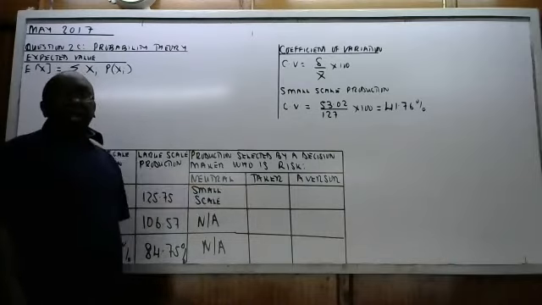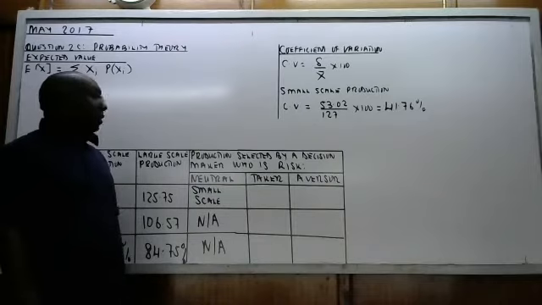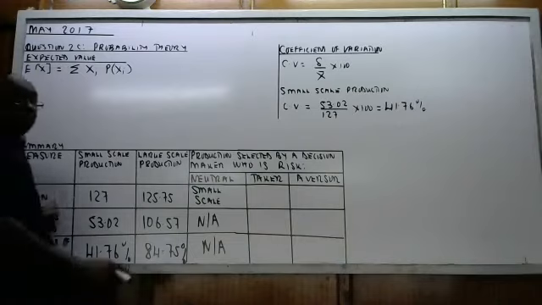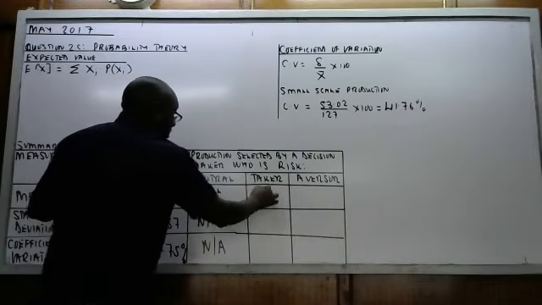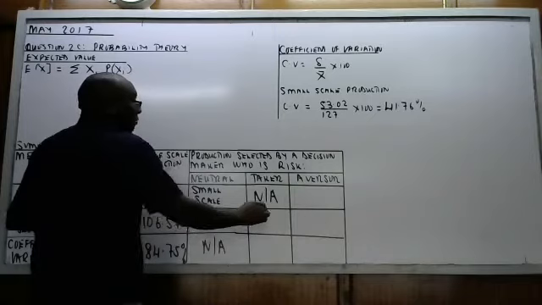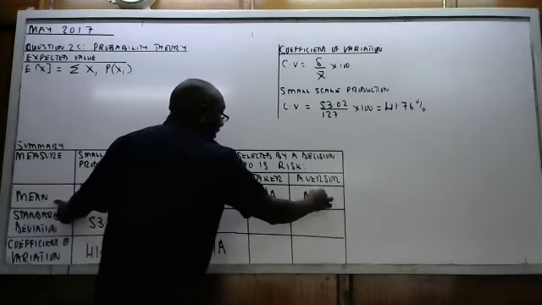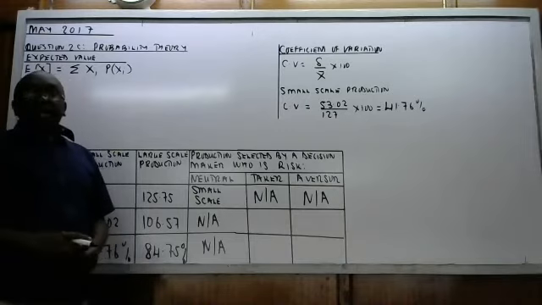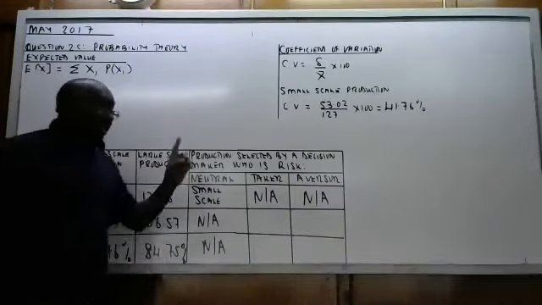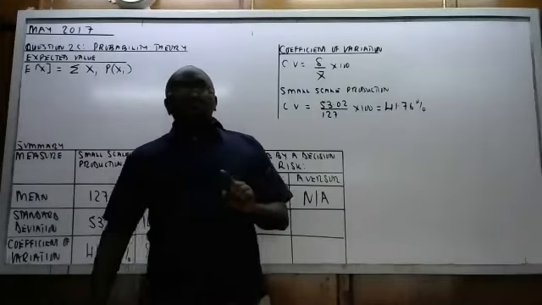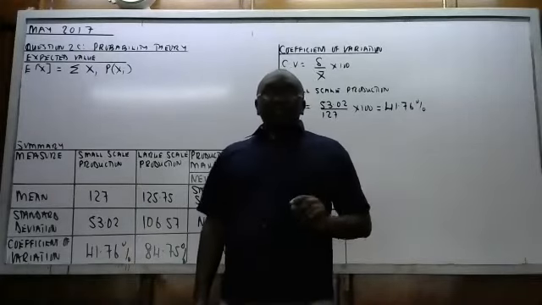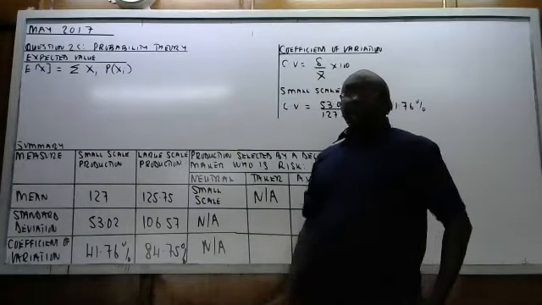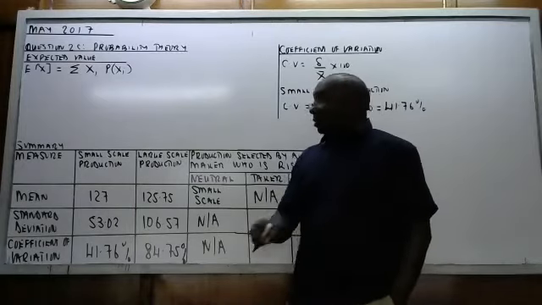In terms of the risk taker, he does not use the mean, so this is not applicable to him. Actually, the mean is also not applicable to the risk averse. Now, the risk taker is the one who goes for the highest risk, and risk is measured in two items.